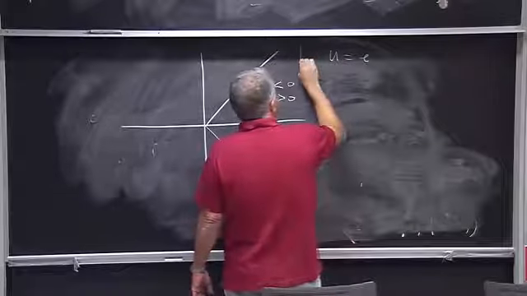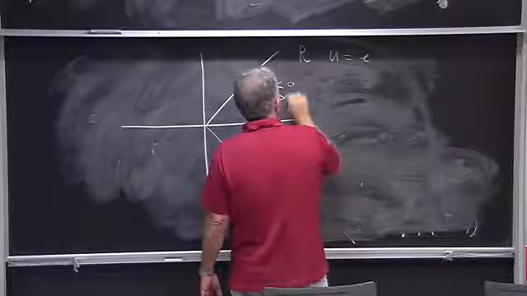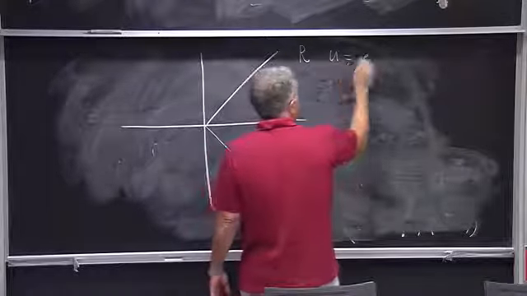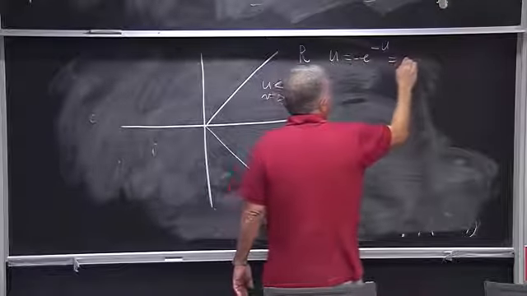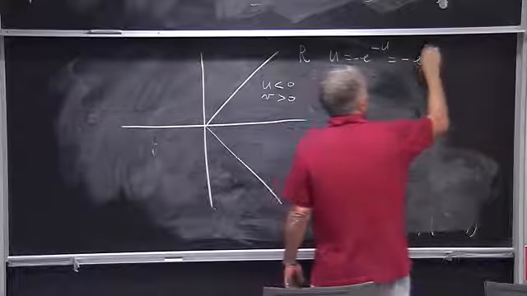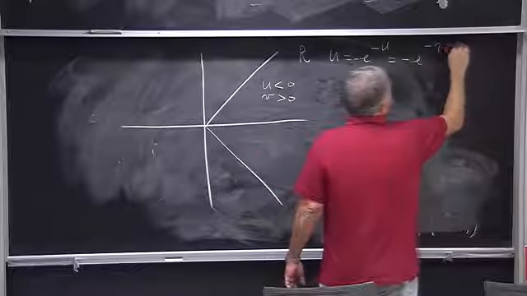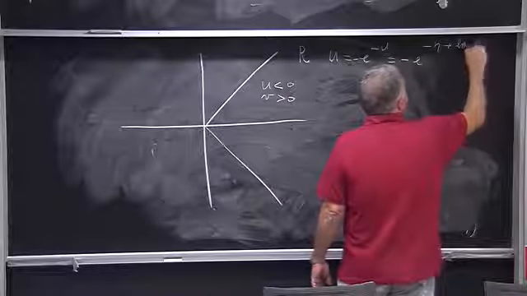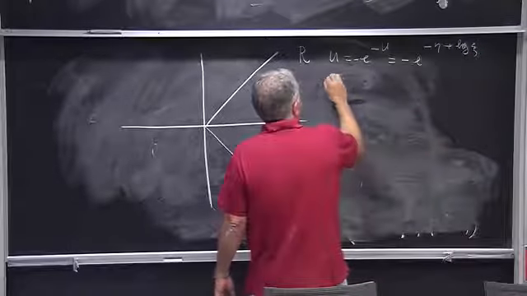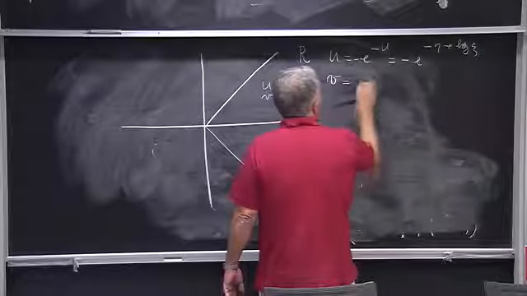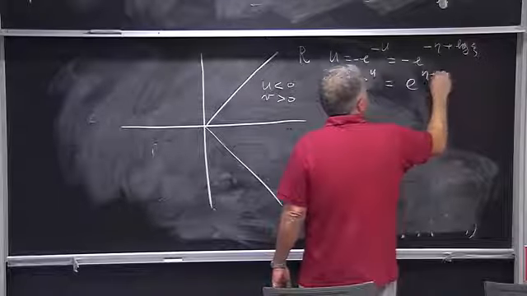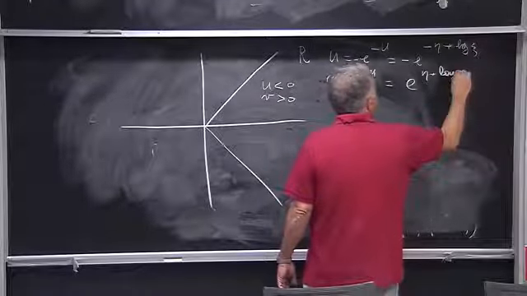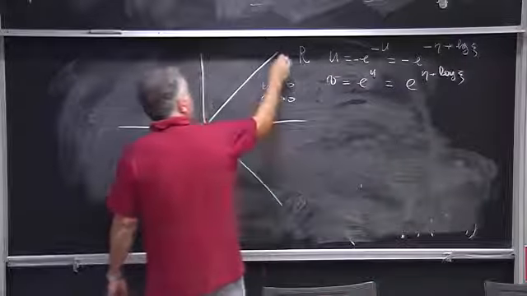In region R, the right wedge, u equals minus e to the minus eta plus log xi, and v equals e to the eta plus log xi. Eta is the Rindler time.